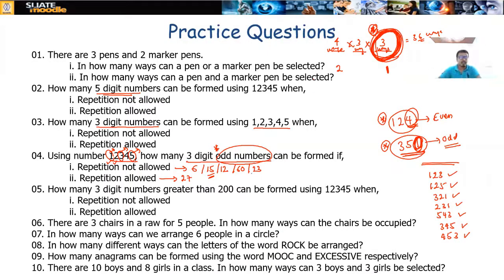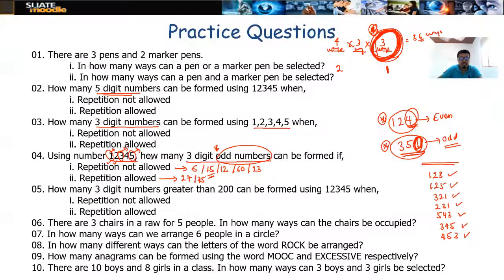Right. For part 2, what were the answers you got? 75. Let's see. Again, what we need to do is form a 3-digit odd number if the repetition is allowed.